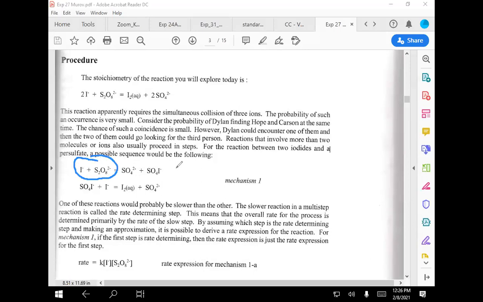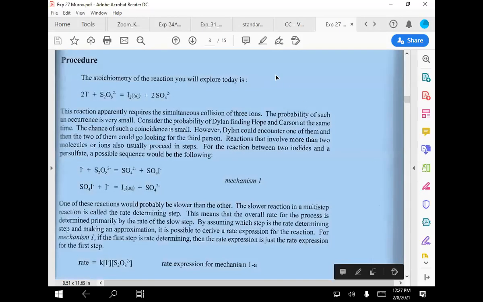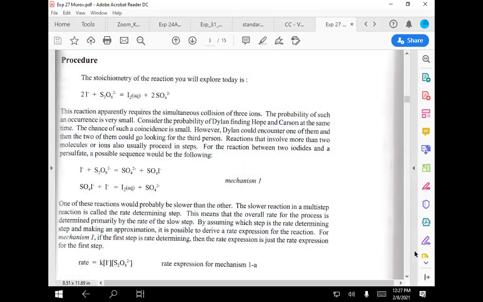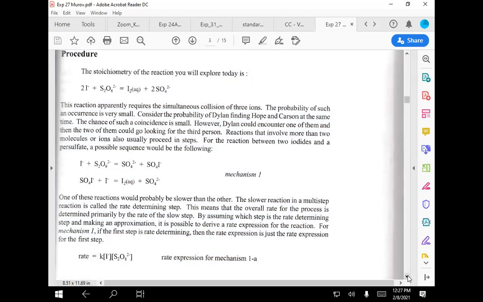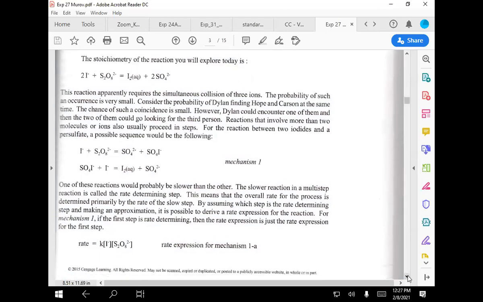If this is the slow step, then here's our rate law. Because the rate law is always based on the slow step. So this is a possible mechanism.